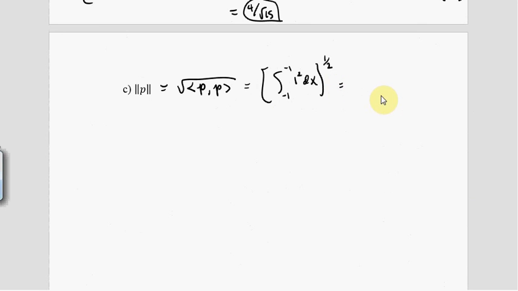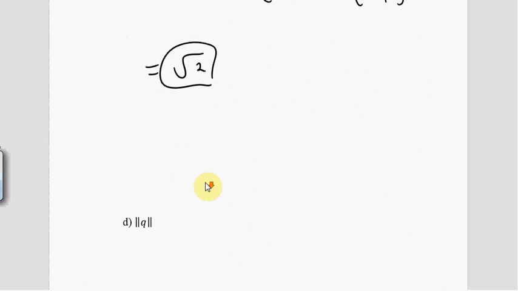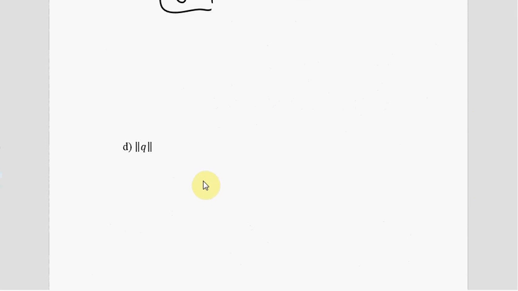Right, so here we integrate 1, we get x evaluated from -1 to 1. So this is 1 plus 1. We get just the square root of 2. Is that it? Okay. This last one.